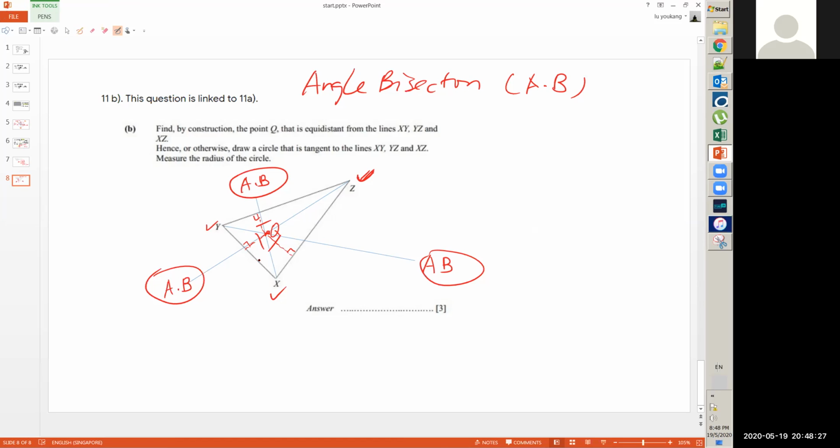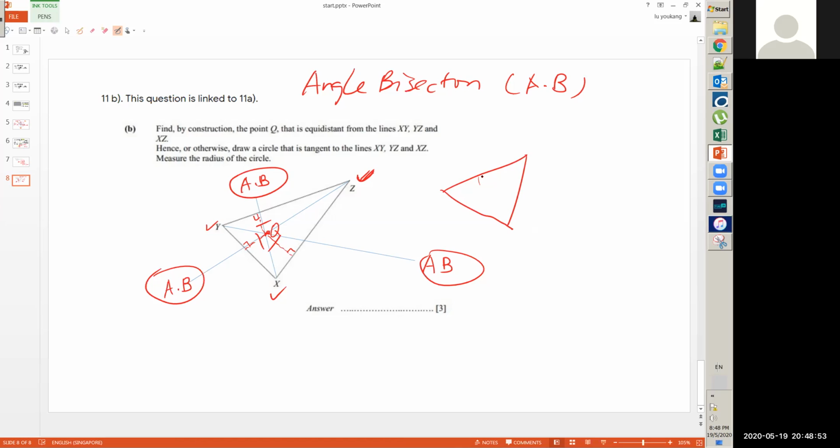Now it says hence or otherwise draw a circle that is tangent to the lines XY, YZ, and XZ. Measure the radius of the circle. Draw a circle that is tangent to the lines. So basically you need to draw a circle inside this one such that it's tangent.